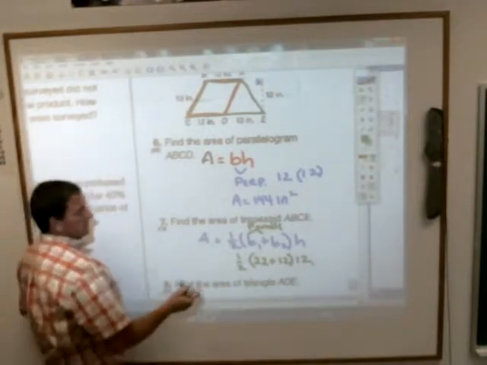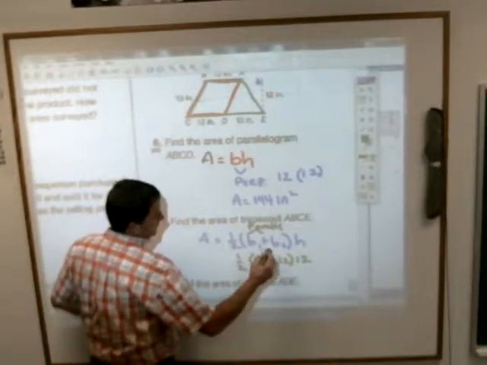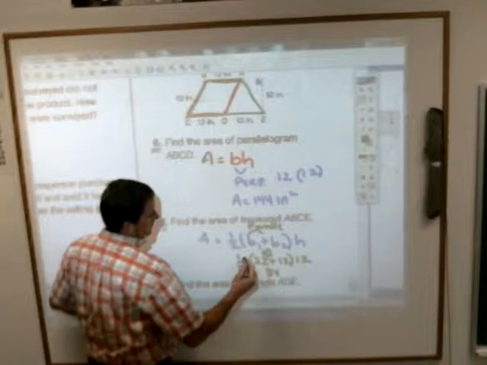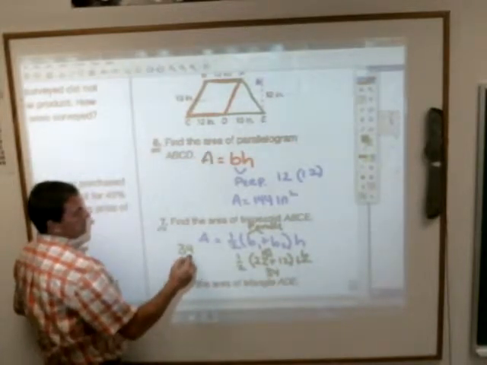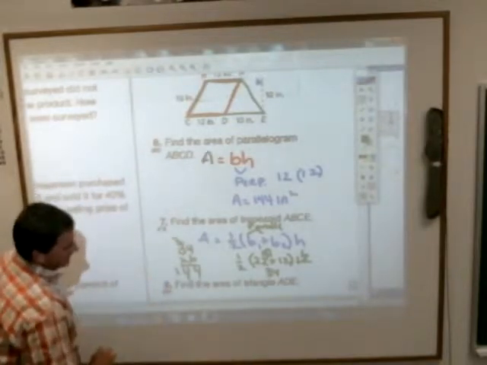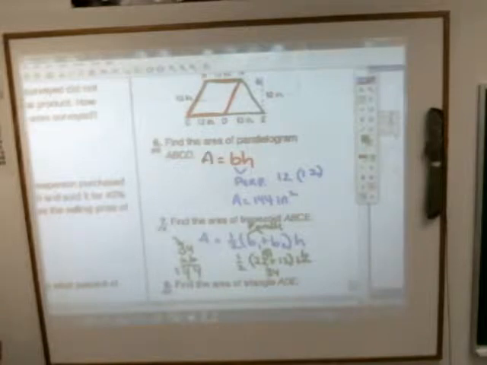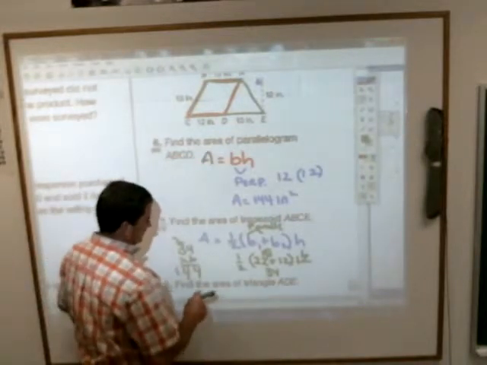And then you just do the math from there. 22 plus 12 is 34, and half of the height, 12, is 6. So multiply 34 times 6. Is that right? Did I do something wrong? That can't be right. What did I do wrong? It's 204 inches squared.